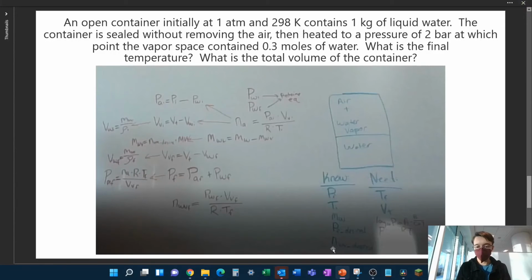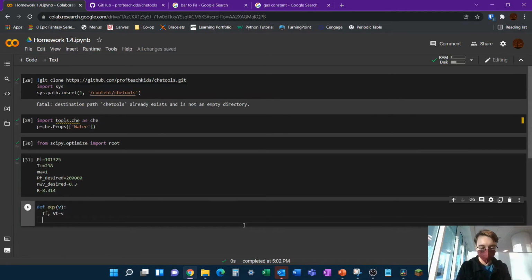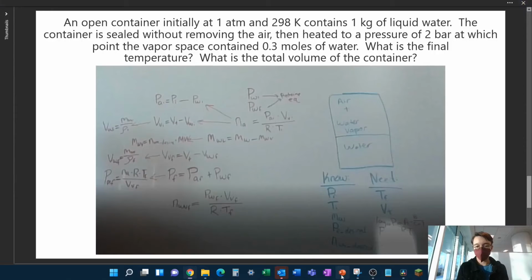The vector v is going to be our guesses for the variables that we're looking for. So we're going to guess for the temperature final and the volume total. We can unpack that by doing the temperature final and the volume total are equal to v. So that unpacks that.